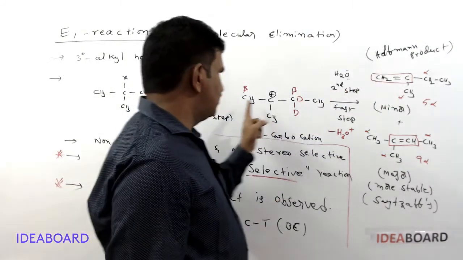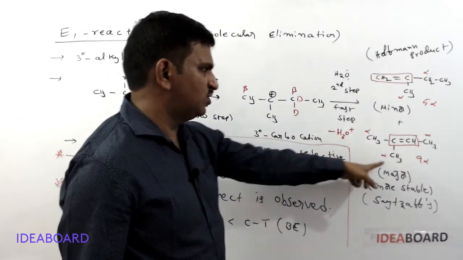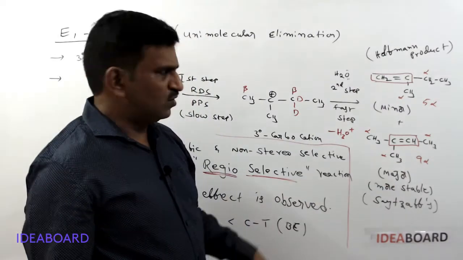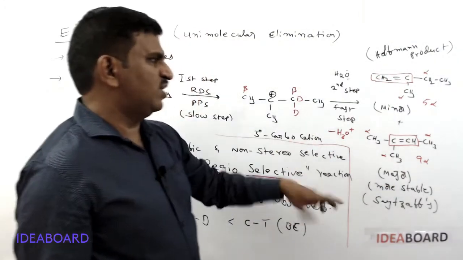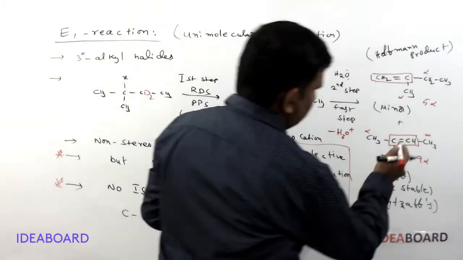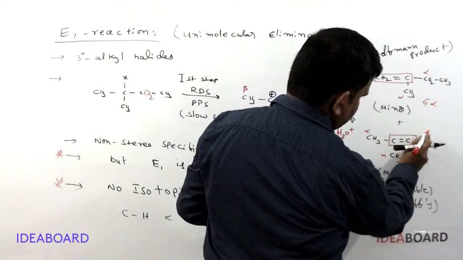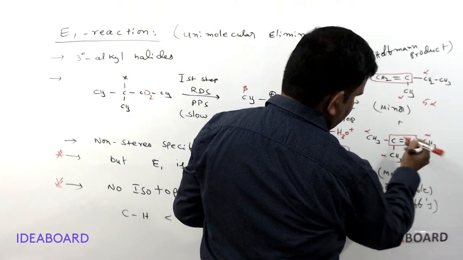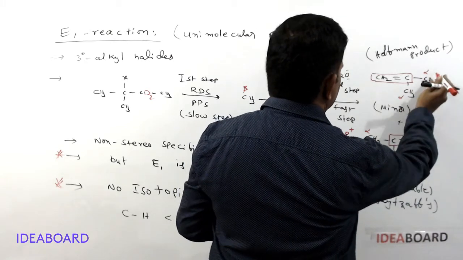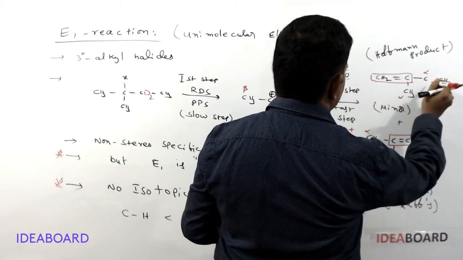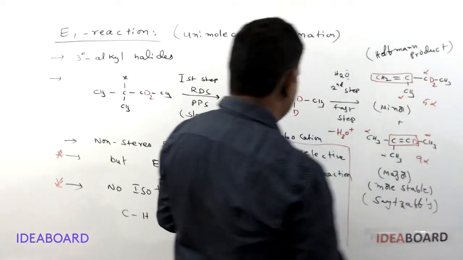Here it is a hydrogen removal product, here it is a deuterium removal product. Whether you get the hydrogen removal or deuterium removal product, one more deuterium is present, so in the final product two hydrogens are replaced by two deuterium.